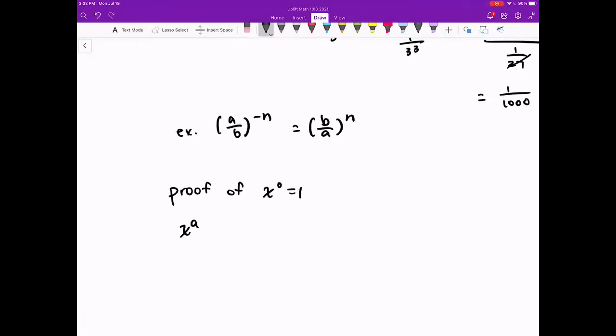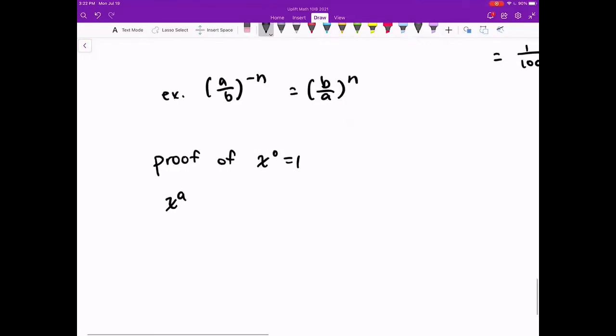And then what we could have is another x to the power of a times x to the power of negative a. From the product rules, we know that it's x plus negative a, which is x to the power of 0. We also know that any negative exponent is essentially a fraction.